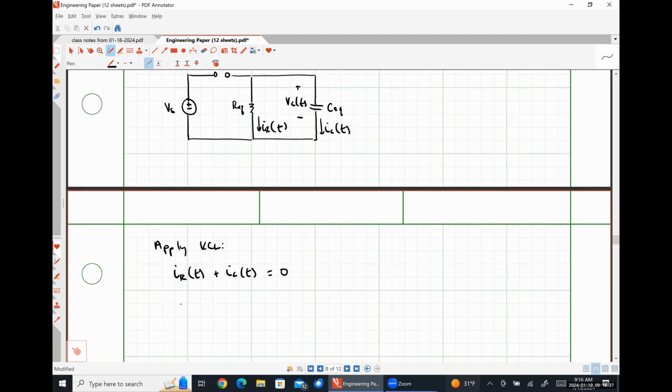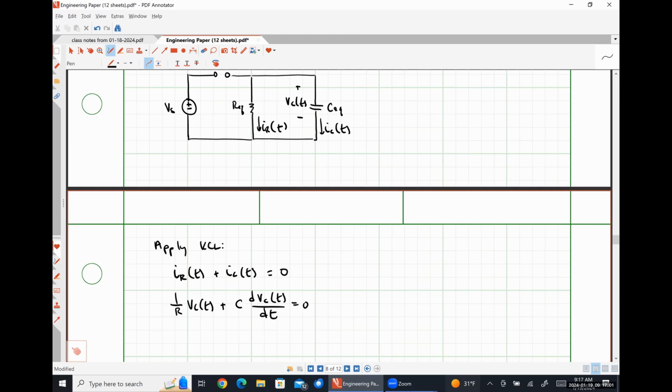So this would look like 1 over R times VC plus C times the derivative of VC with respect to time is equal to 0. And once again, we have a linear homogeneous first order differential equation.